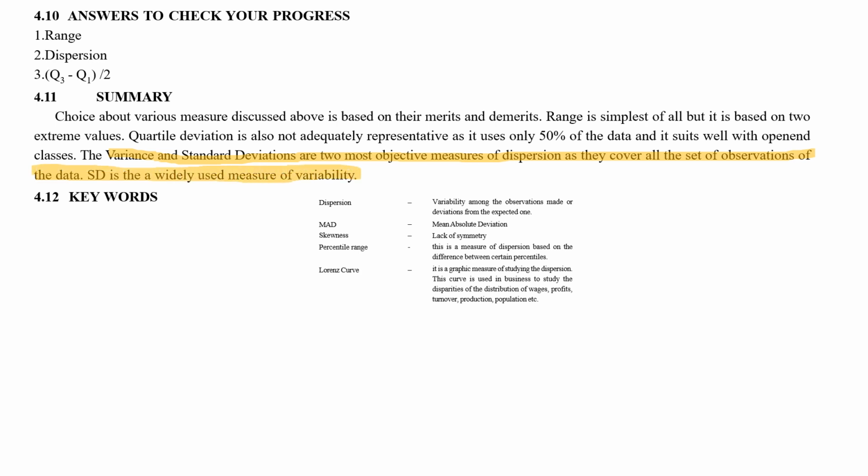Dispersion is the variability among the observations made, or deviations from the expected one. MAD means mean absolute deviation. Skewness is the lack of symmetry. Percentage range is a measure of dispersion based on the difference between certain percentiles.